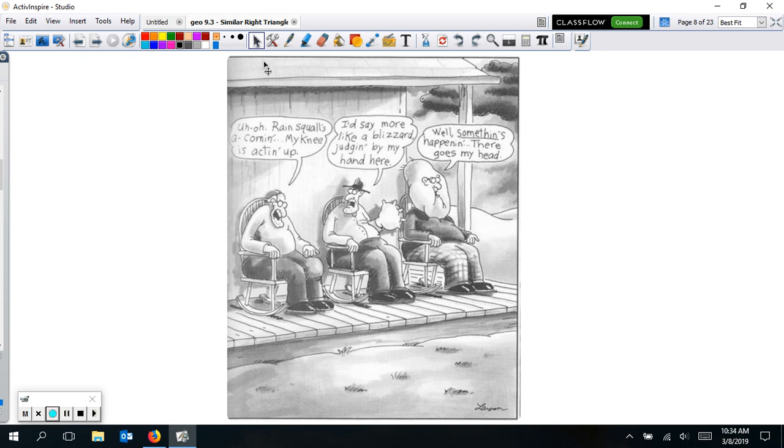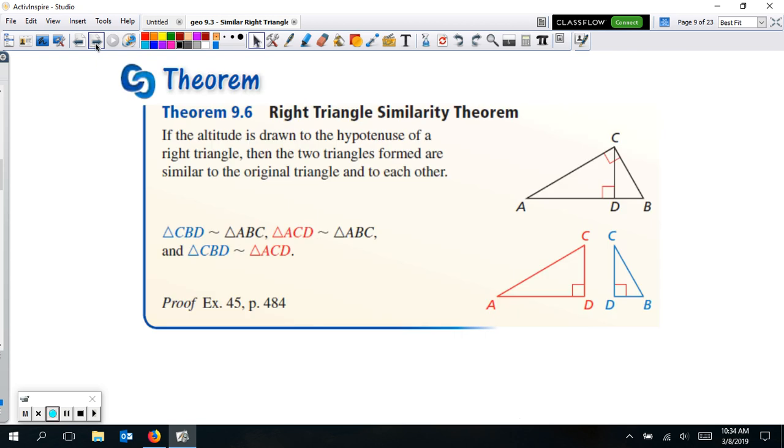Alright, well, let's go on to looking at our similar right triangles. So first of all, we're going to look at this theorem of right triangle similarity. Basically what this is saying is if we were to draw an altitude, what is an altitude again? An altitude is a line that goes from the right angle. It could be from any triangle, but we're going to use it from the right triangle of this one here.